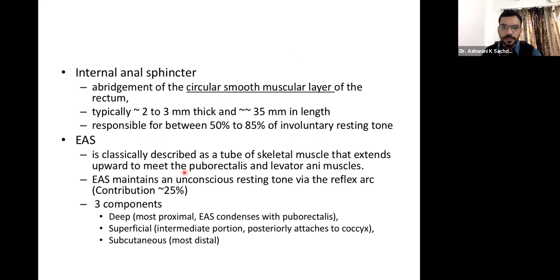The external anal sphincter is classically described as a tube of skeletal muscle that extends upward to meet the puborectalis muscle and the levator ani muscle.